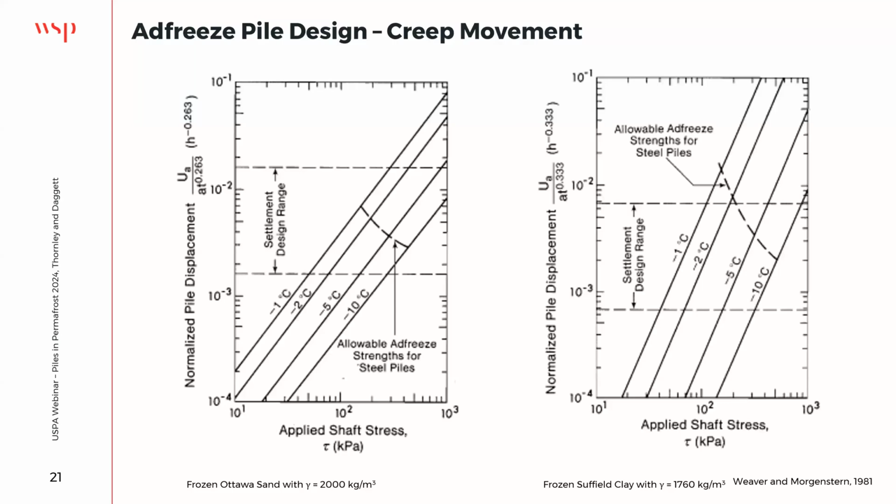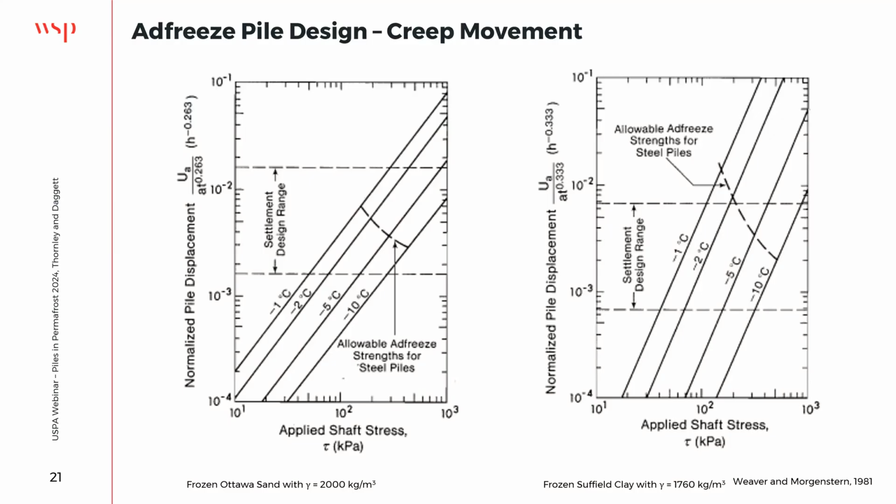So ice creeps, and so from that, your soils are going to creep depending on the amount of ice on them. So it's important to understand that. And right here, we've looked at 2 different soils.